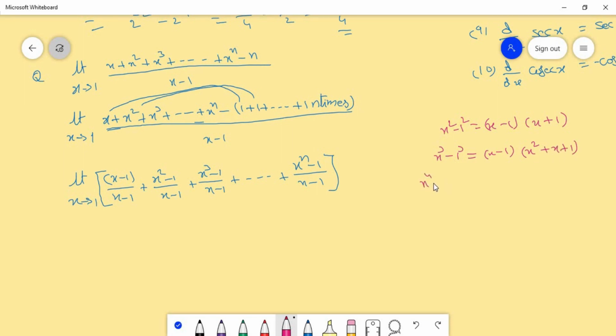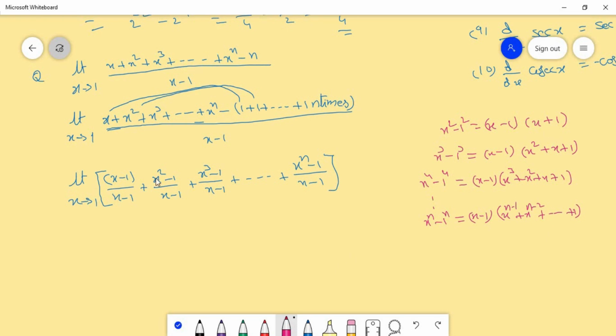Like that, x power 4 minus 1 power 4 is equal to (x minus 1) into (x cube plus x square plus x plus 1). So, like that we can take x power n minus 1 power n, which is also equal to (x minus 1) into (x power n minus 1, x power n minus 2, and so on plus 1).